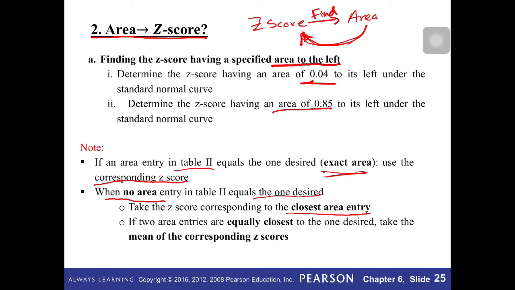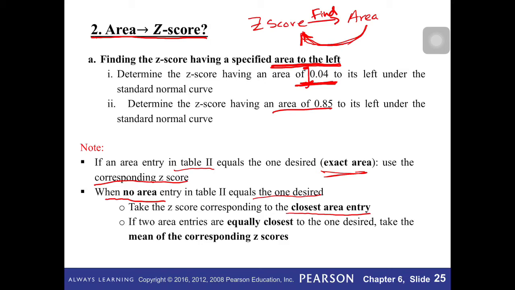See, find the Z score having a specific area to the left. That's the same thing we talked about previous time, but previously we talked about area. I gave you a Z score and you figured out the probability or the area. Now, determine the Z score having an area of 0.04.